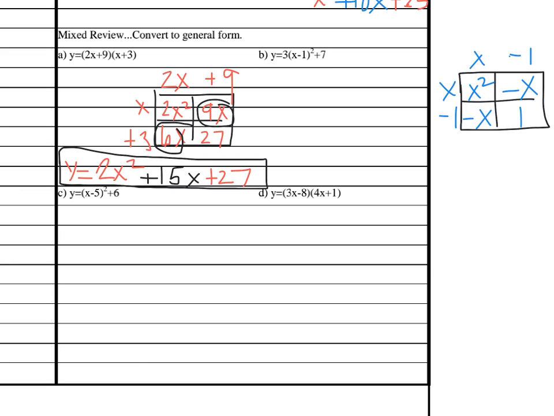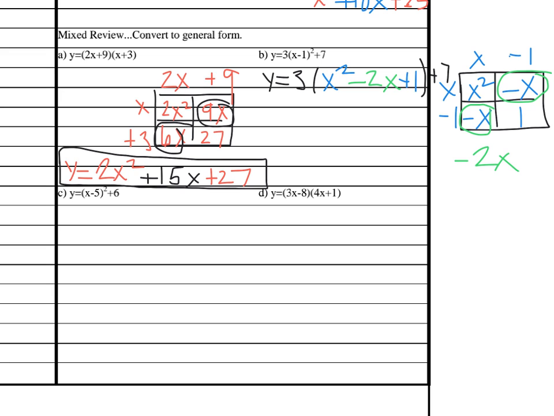So now we rewrite the equation. Y equals 3 times what we just got, which would be x squared. And then negative 1x and negative 1x is negative 2x right there. So minus 2x. And then we have the 1 left, which is positive, so plus 1. And then we still have the plus 7 there.